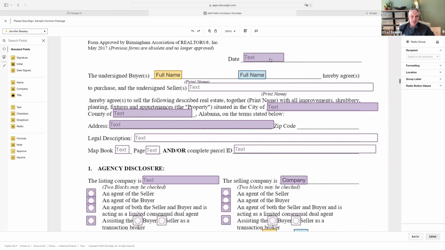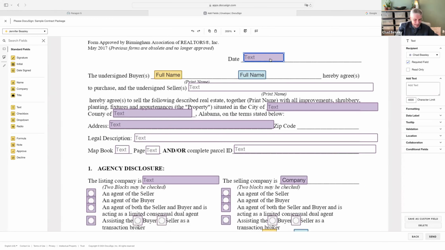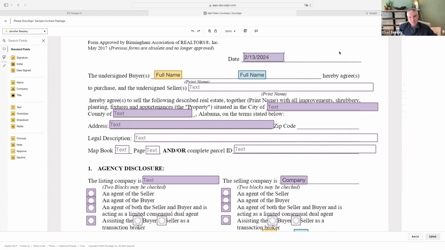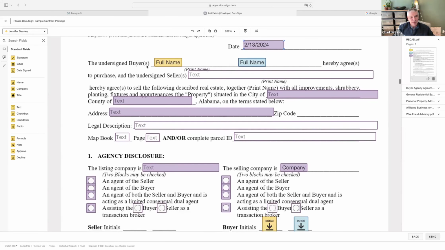And so you'd come in here and you'd put the date of our offer. So put in today's date. The way I've got it set up is it's going to pop their names in automatically once I hit send. But otherwise, if you're filling it out, you would put the buyer's names in here. For our cases today, I've got Jennifer Beasley and Hallie Beasley as our buyers.